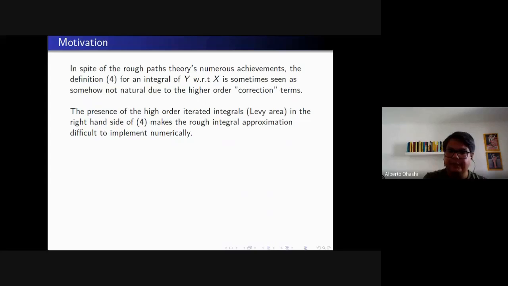Okay, this kind of question is also important for numerical analysis, because the rough path approximation, the so-called Levy area, the iterated integrals, are really difficult to implement numerically.